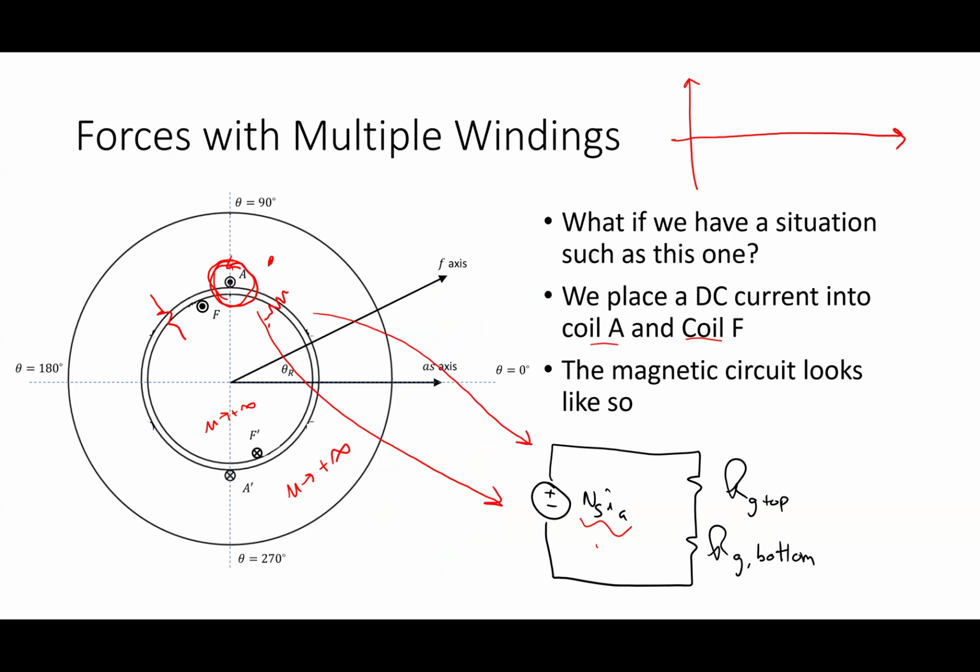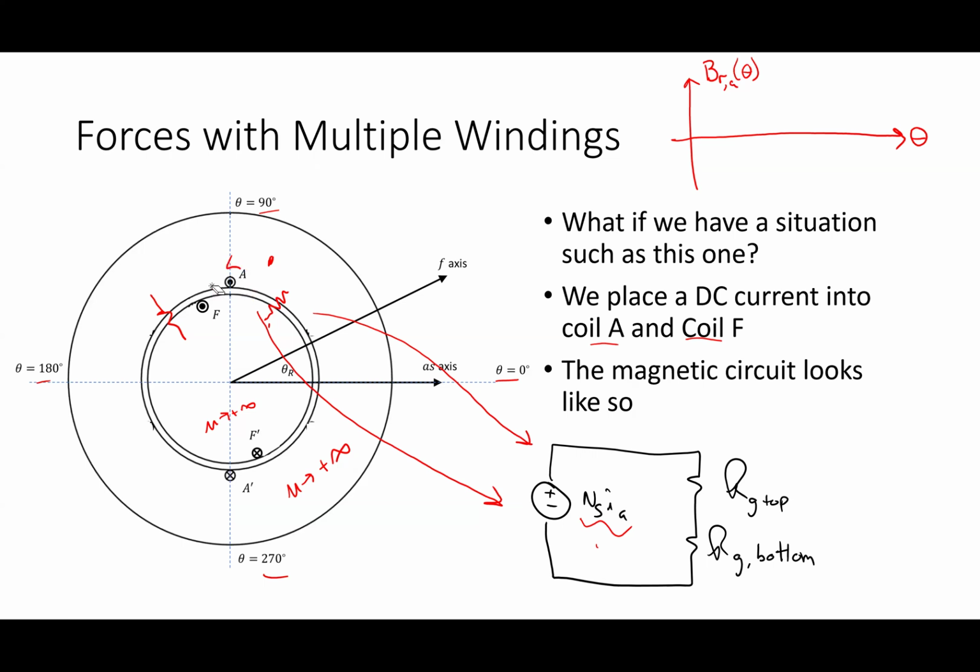What I want to make sure of here is that when I look at this setup, I can show what the B field looks like as a function of angle. So I have my theta here, and I've shown theta from 0 to 90 degrees to 180 and 270 as I go around.